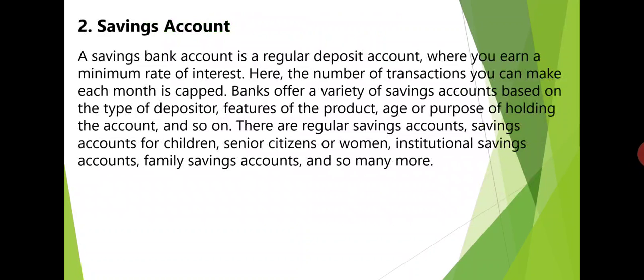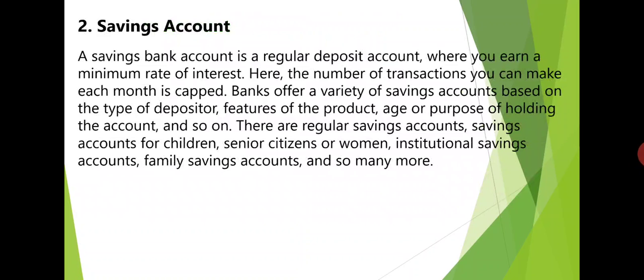The second one is saving account. Yes, a saving account is for common people, for salaried persons, or for people who are earning monthly or regularly. And the bank also gives interest on saving accounts.